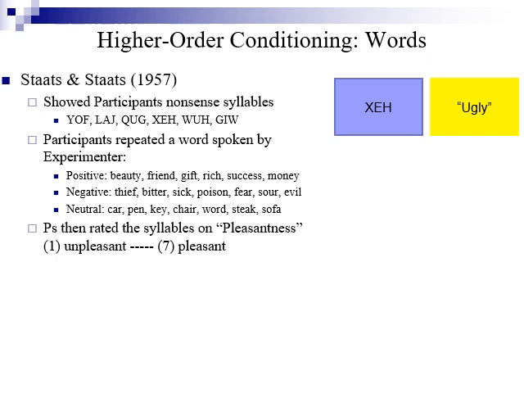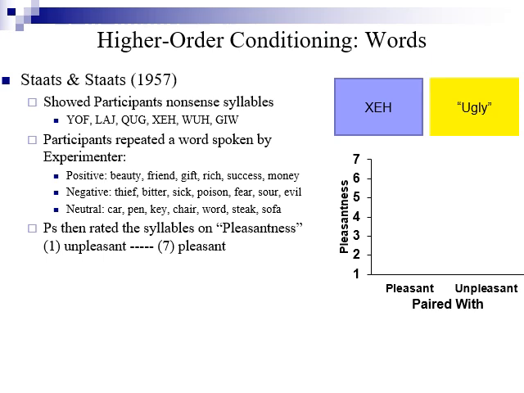At the end of all of this, they gave participants a scale and asked them to rate the syllables in terms of their pleasantness. They just had a Likert scale where 1 was unpleasant, 7 was very pleasant, and they had to rate these syllables. So here we're seeing the results of this pairing.